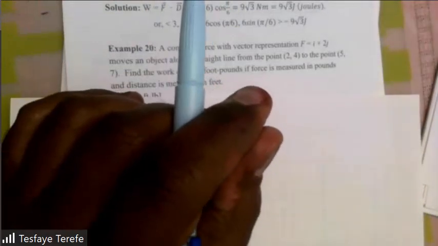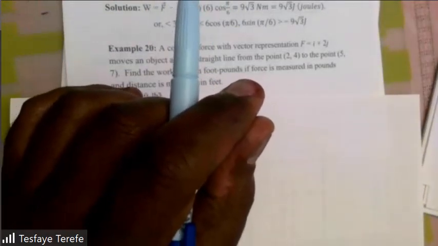So what you need is two vectors, the displacement vector and the force vector. So you are using the dot product of two vectors. We are going to apply the dot product component by component in order to get that work.